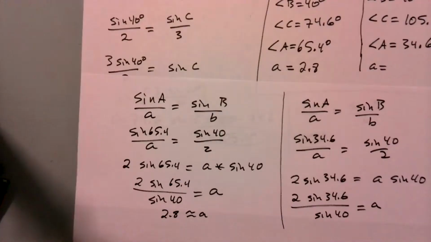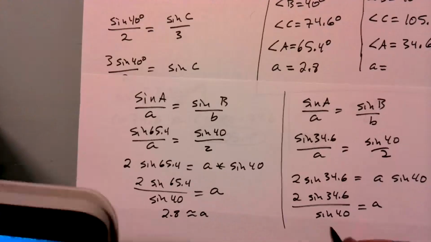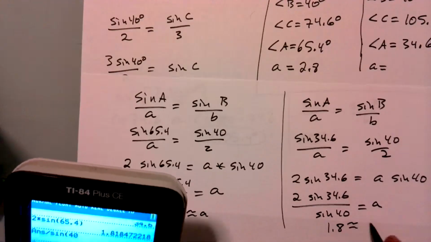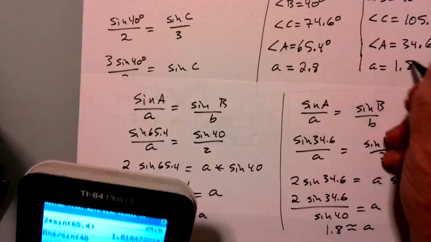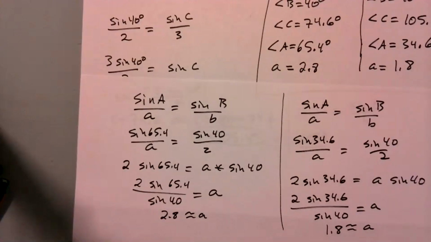Pull out the calculator one more time. 2 times the sine of 34.6 divided by the sine of 40. And I get about 1.8 this time. 1.8 is approximately equal to a. Is that what they have over here? Just checking. Somewhere in that neighborhood.